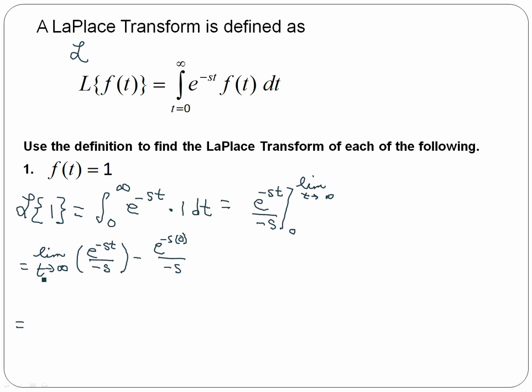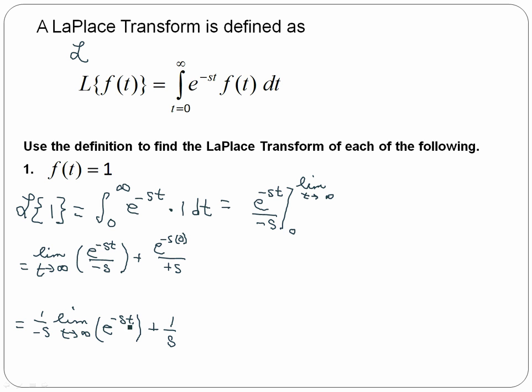Because my limit involves just the t, if I wanted to, I could bring that negative s out. I get 1 over negative s, limit as t goes to infinity of e to the negative st. On my second term, this minus and the negative in the bottom cancel out to give me a positive. This is just e to the 0 power, which is 1. So that second term is just 1 over s.